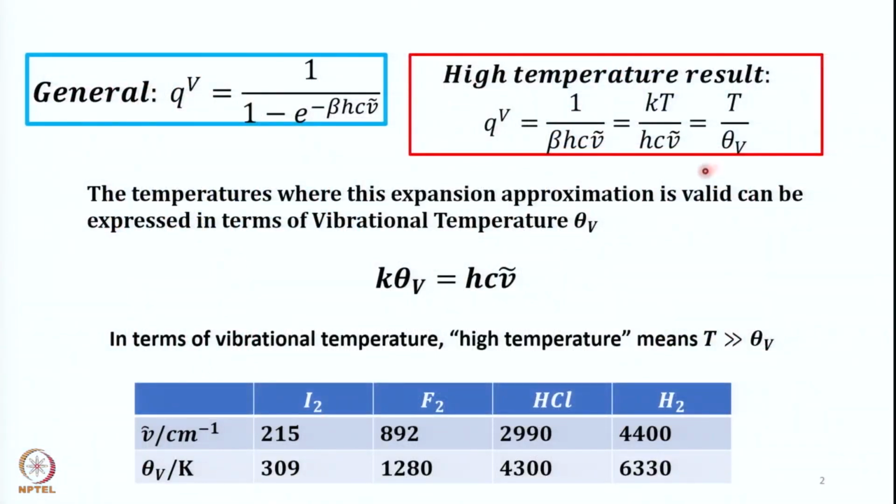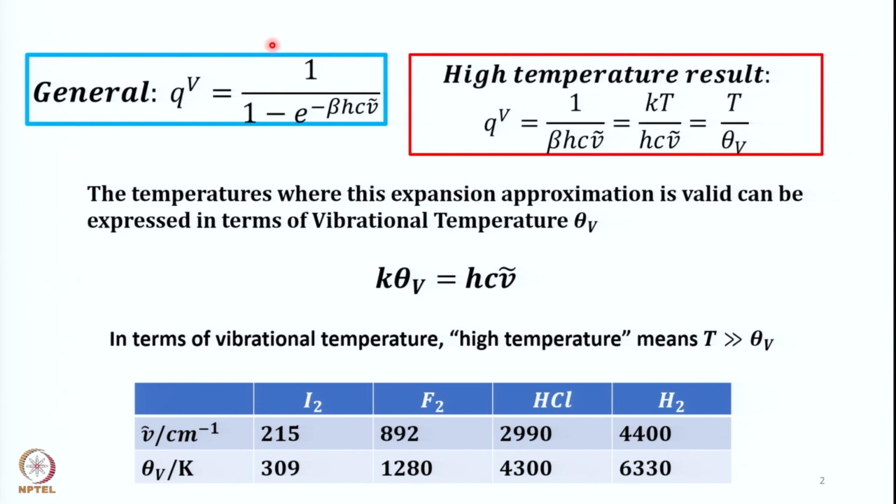One is that when the temperature is much larger than this vibrational temperature, you can use this expression to calculate q_V. And if the actual temperature is lower than the vibrational temperature, you will be using this expression. And as we will see soon, if the temperature is low, not many upper vibrational levels are significantly populated.